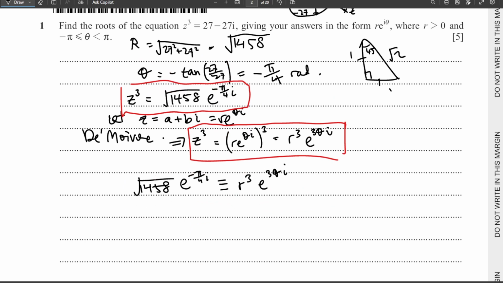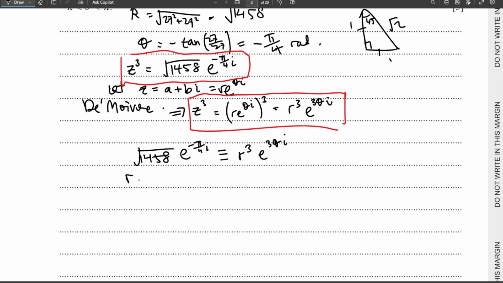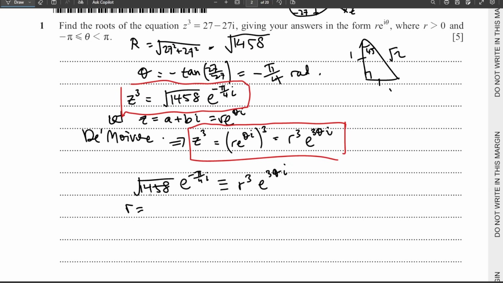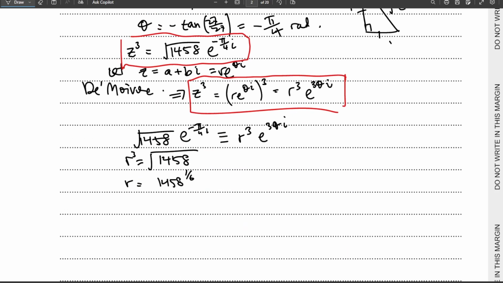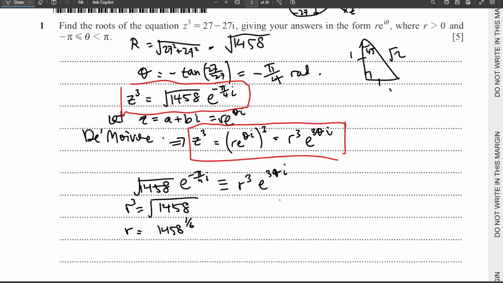First, we can deal with the r. R cubed will be equivalent to the square root of 1458, so r will be 1458 to the power of 1 over 6. Then for the theta part, negative pi over 4 equals 3 theta.